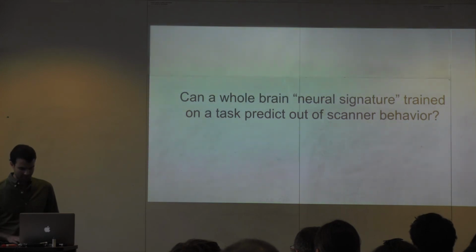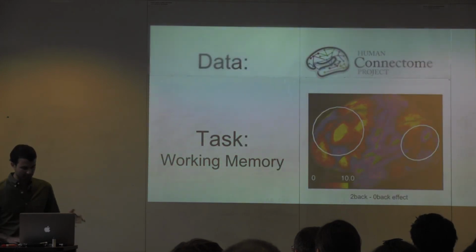We're using a working memory task because, as a first proof of concept, it seemed the best task to use, with robust activation. Everything I'll present here is done with working memory, but in principle it can be applied to the other tasks in the HCP dataset and other tasks in general.